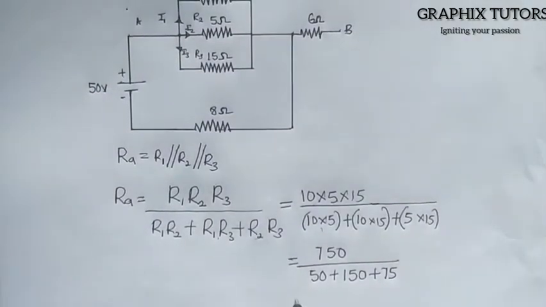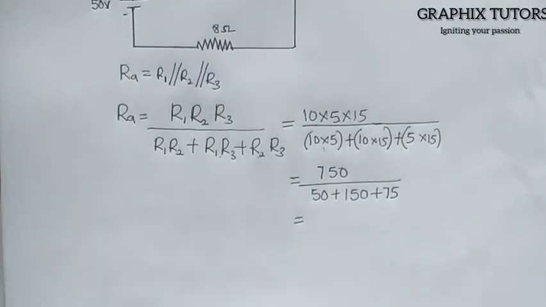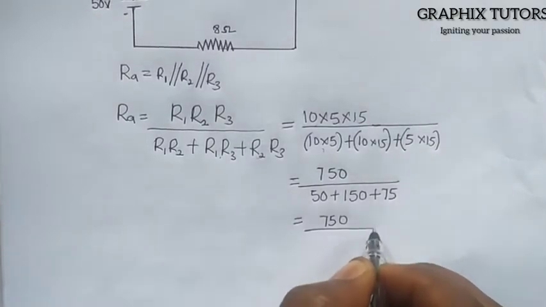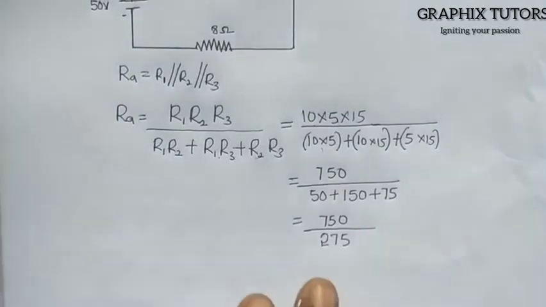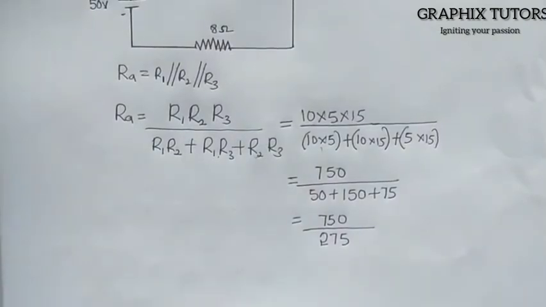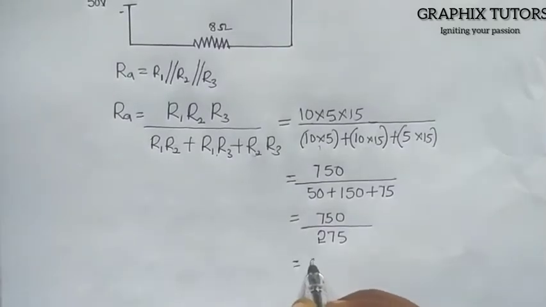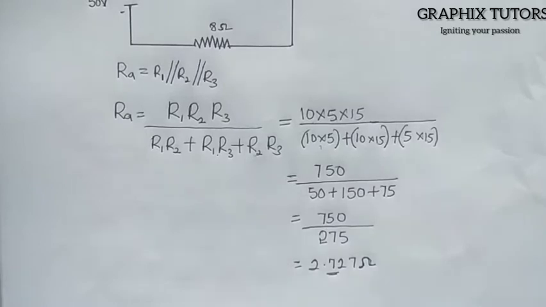So from here, this gives me 750 all over 50 plus 150 is 200, 200 plus 75 is 275. So we're having 275. 750 divided by 275 will be 2.727 ohms. That's the unit for resistance.